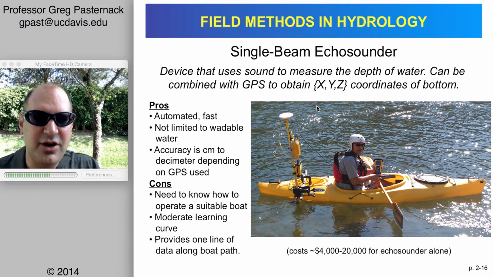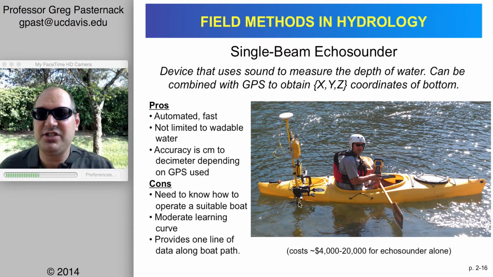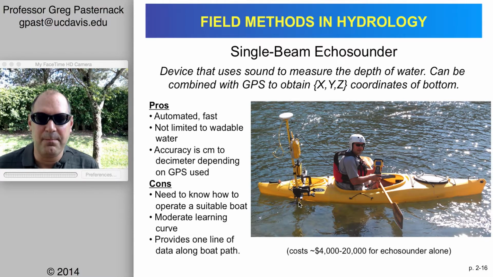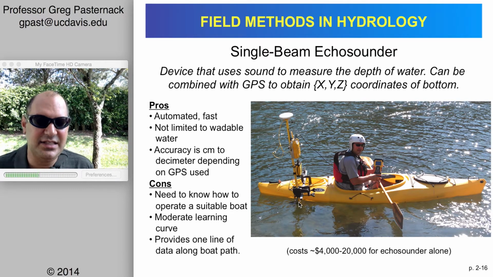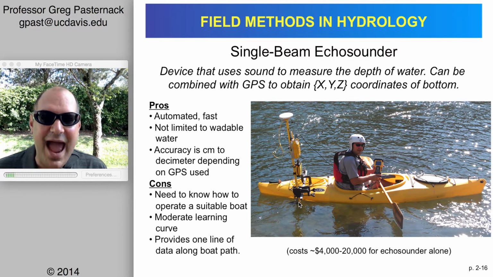And so what happens here is this is a device, and all it does is it just sends a sound wave down. It pings off the bottom of the river or lake or whatever you're in and comes back. So in the same way that the satellite sends a signal and measures a distance, an echo sounder is like an echo, right? It's measuring the time it takes to travel through water.